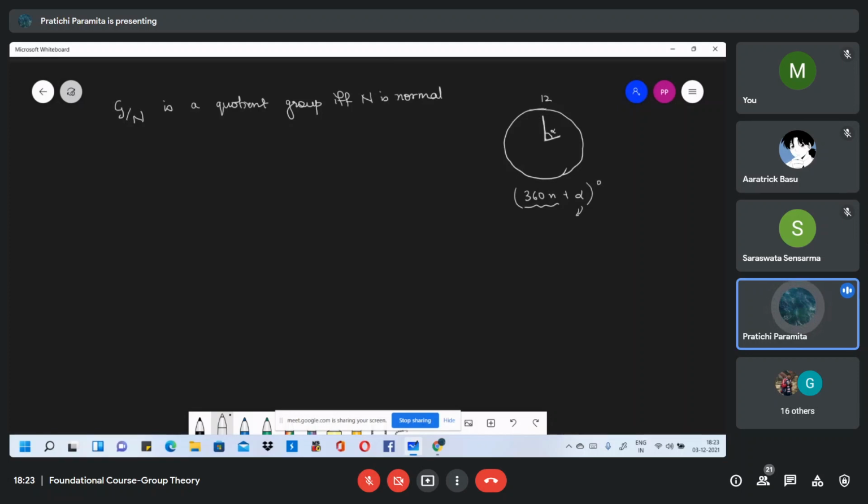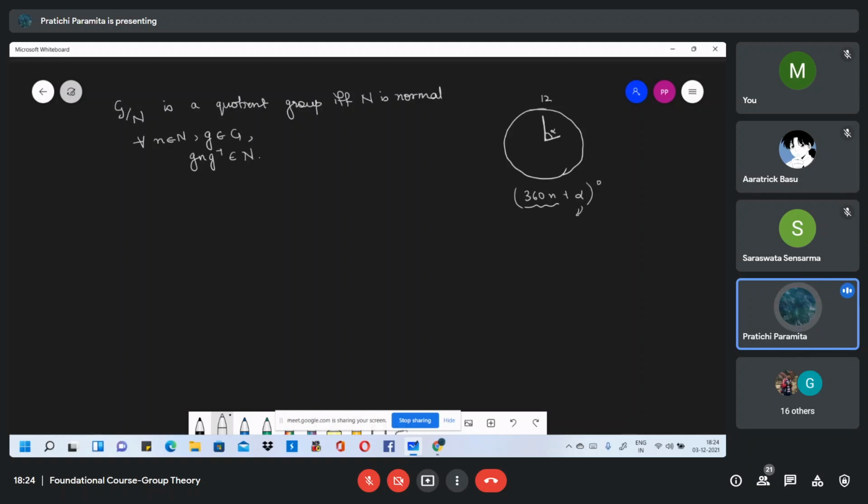And N is normal means for all n in N, g in G, g inverse n g is in N. It doesn't matter whether g or g inverse, because both are in G. So we have proved one side, that if G mod N is a quotient group, then N is normal.